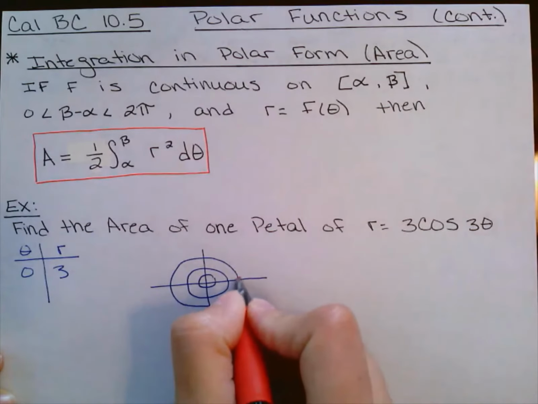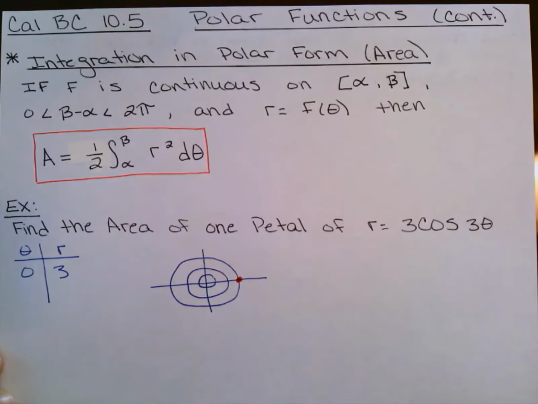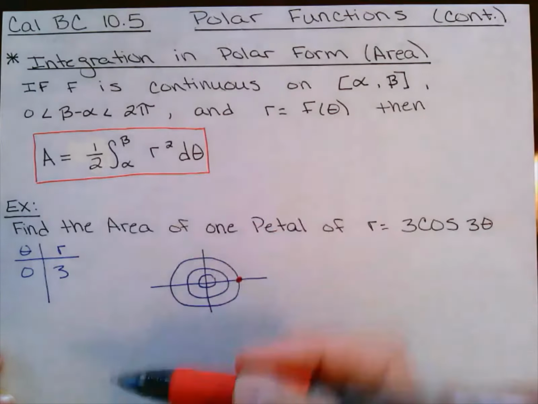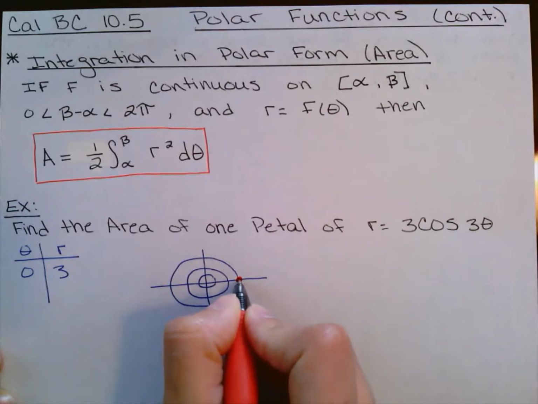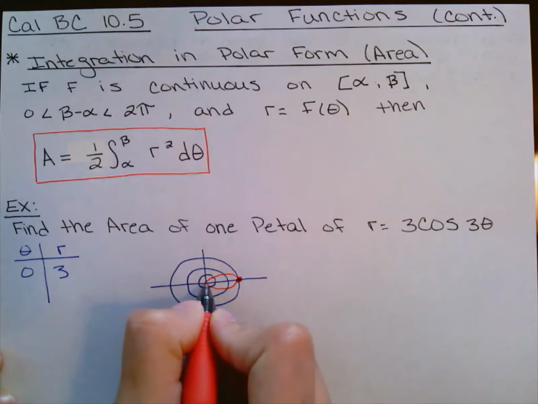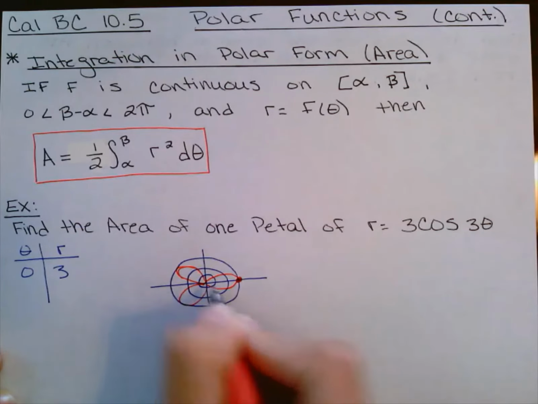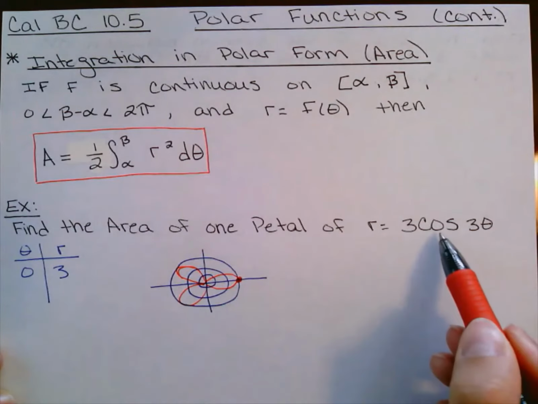It's going to be on the third ring. So that means if I have 3 petals and it's cosine, so it's symmetric top and bottom, that means one of the petals is going to reach out here. That means the other 2 must be, oops, I'm going to hit 3 over here. Okay, we can see the symmetry top and bottom based off the cosine.